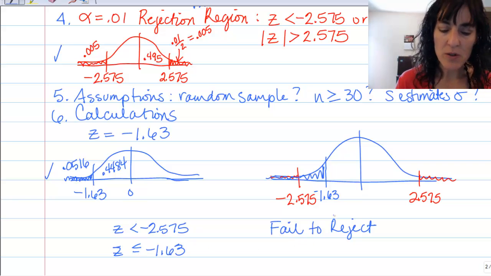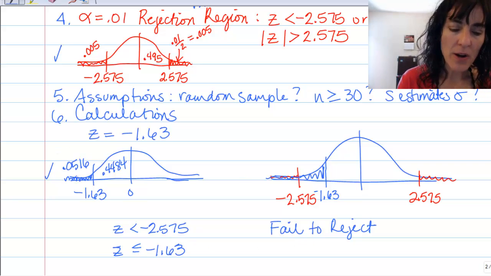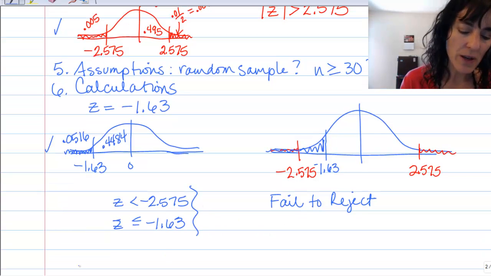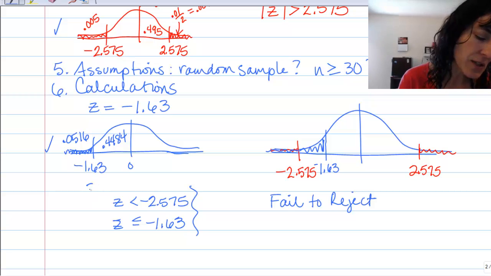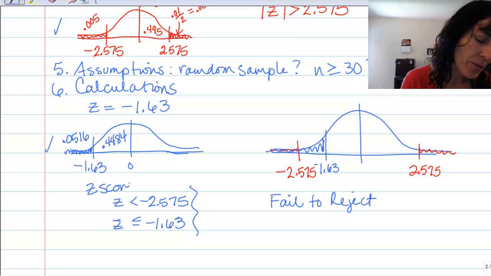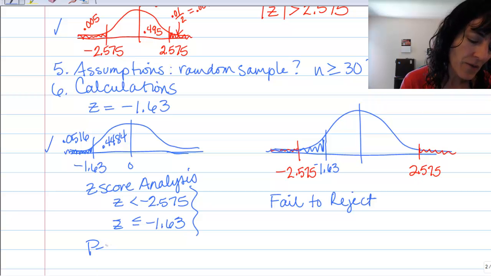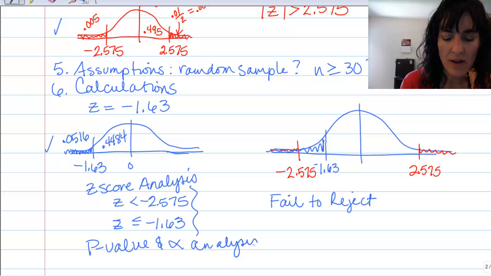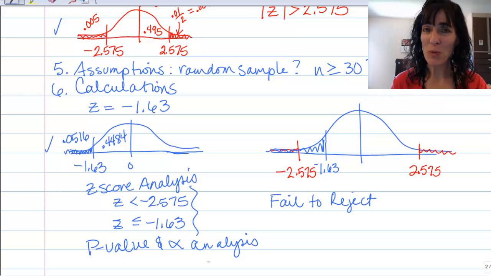And we could also look at our areas to tell that we need to fail to reject as well. So this is z-score analysis, and this is p-value and alpha analysis.